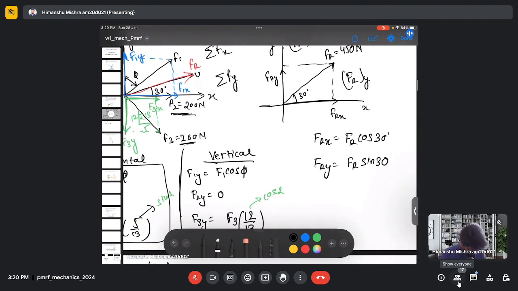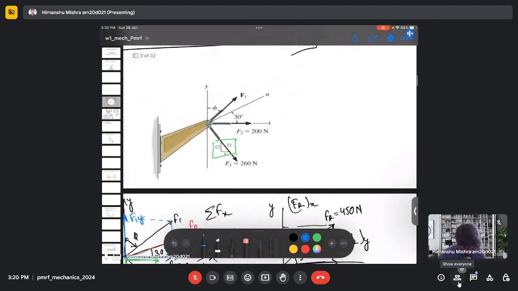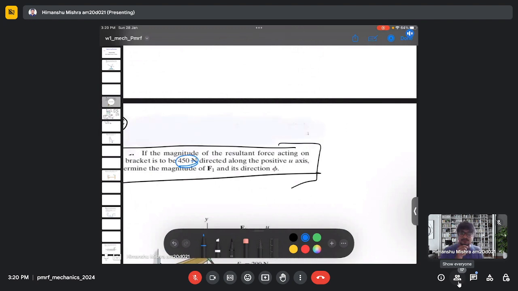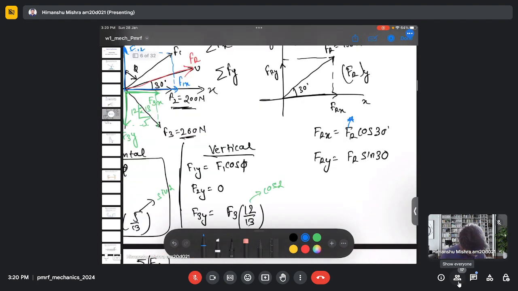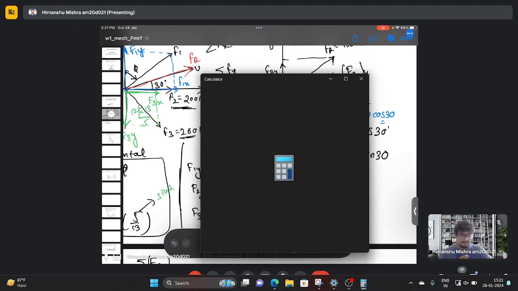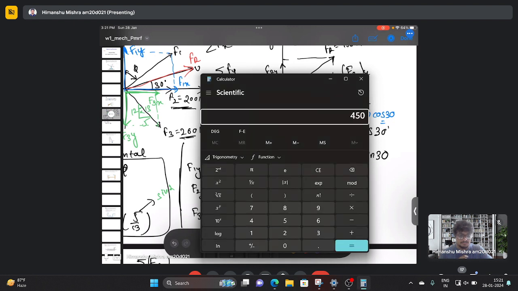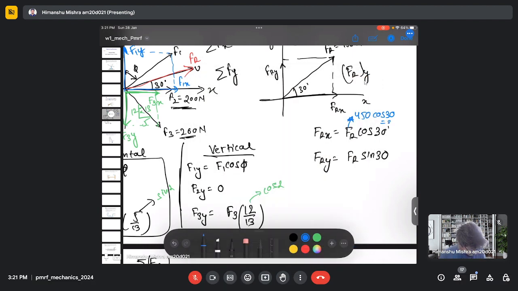And we know that FR is 450 along the u direction. It is given in the question, which is 450 Newton. So it's 450 cos 30, which will give you 389.7 Newton.